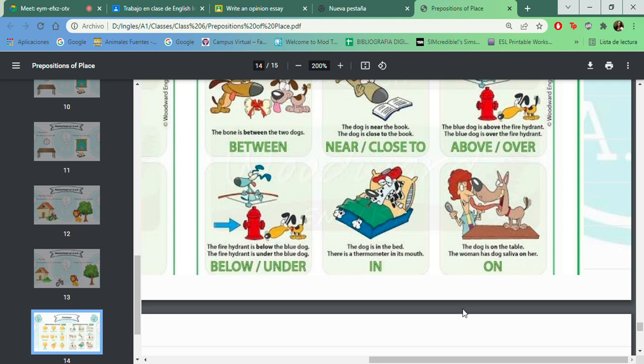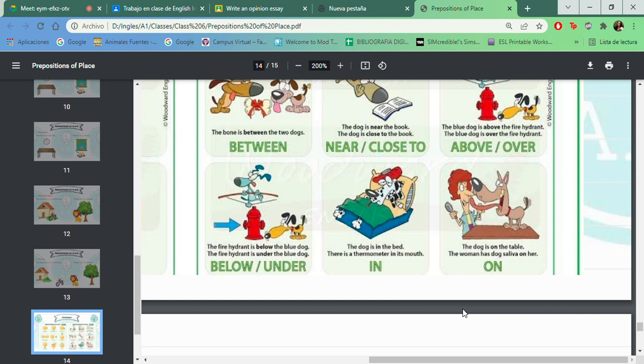For example, when it's touching your body, we use on, not in, because in means inside your body, so it will be in your blood, in your organs. For example, I have something on my face. On your skin, it's on, okay? It's placed on your skin. Always, it's on.